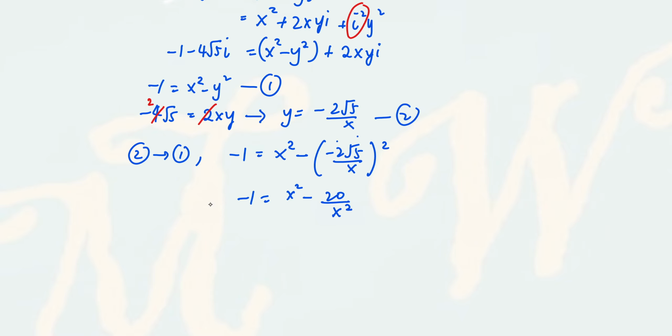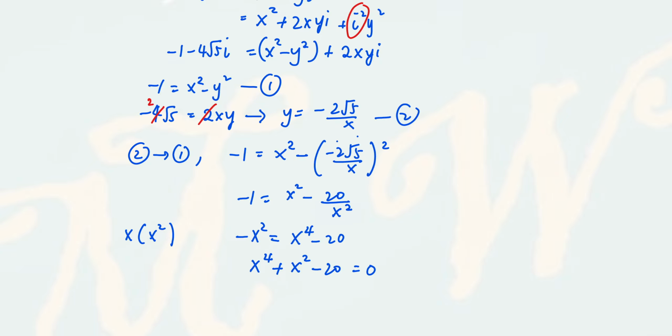Since you have a denominator of x squared, multiply the whole equation by x squared. So you get -x squared equals x degree 4 minus 20. Rearrange so that it will be x degree 4 plus x squared minus 20 equals 0. So this is the quadratic equation that has been mentioned in the question.